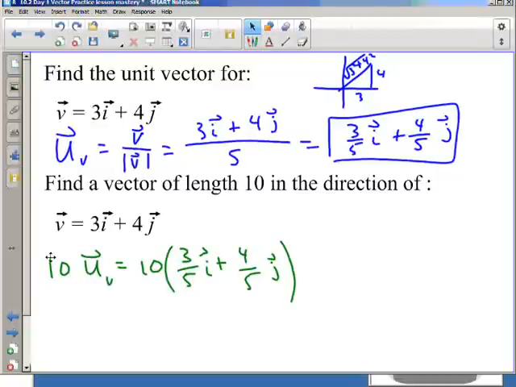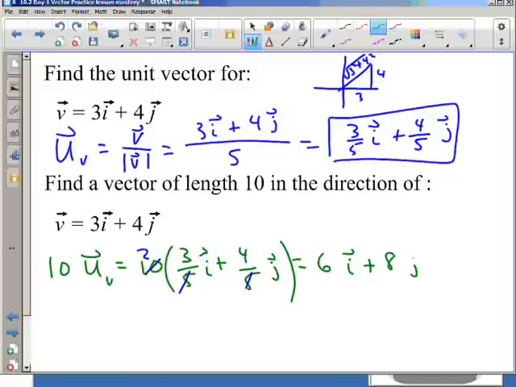And distributing that, I see some stuff canceling out here, which gives me 6i plus 8j.